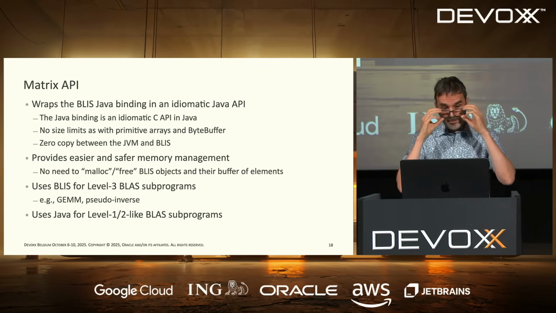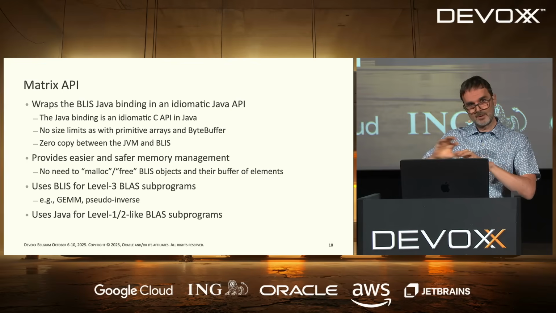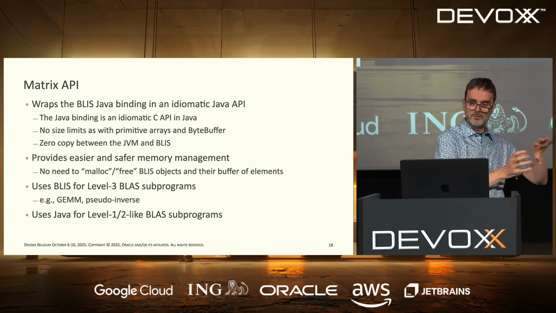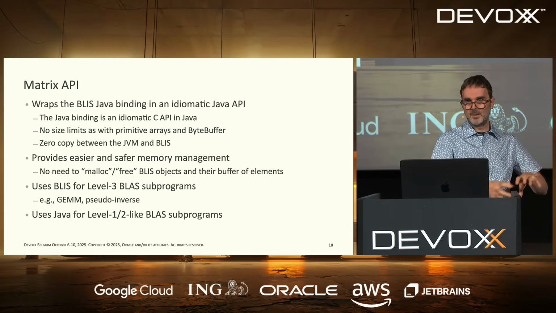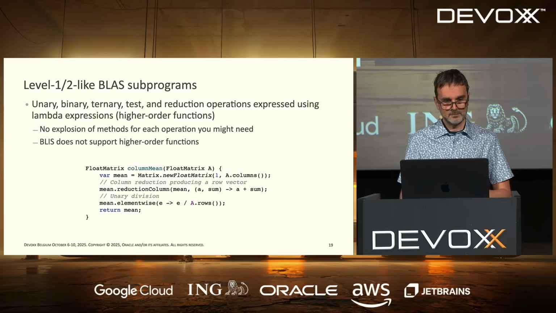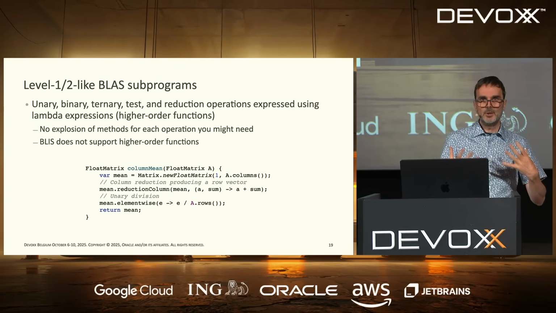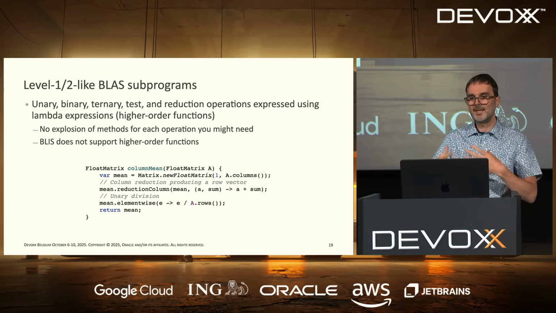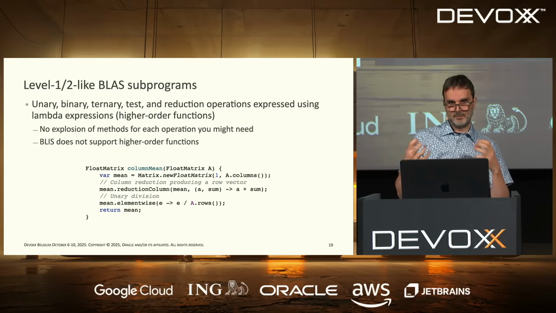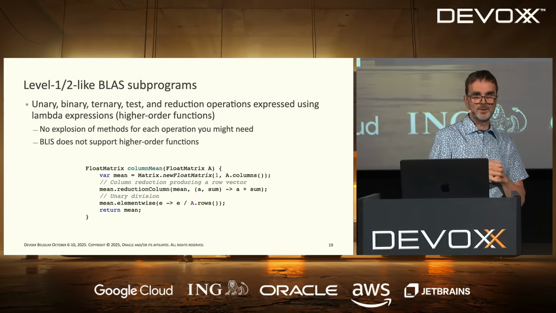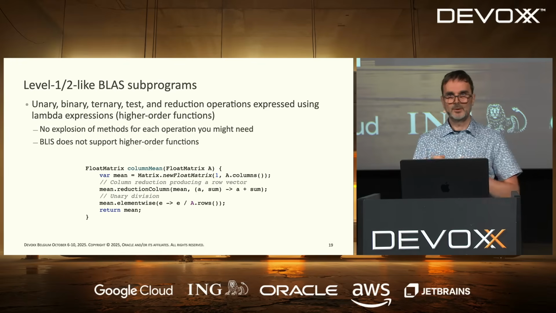And Java can shine there. So we can use Bliss for the complex stuff, and we can use Java for the simpler stuff, and the stuff that Bliss does not support. So we can express unary, binary, ternary test reduction operations on matrices using lambda expressions, higher order functions.